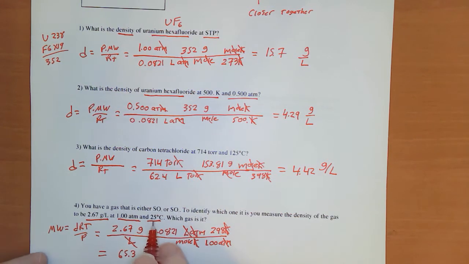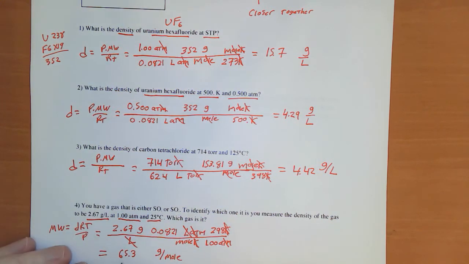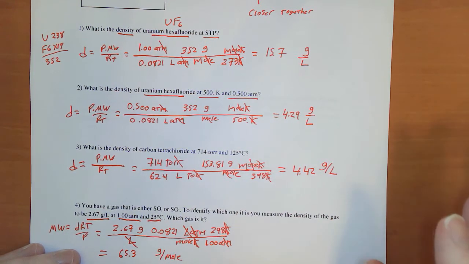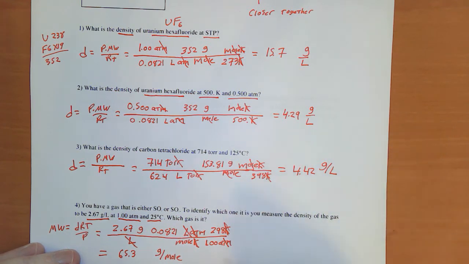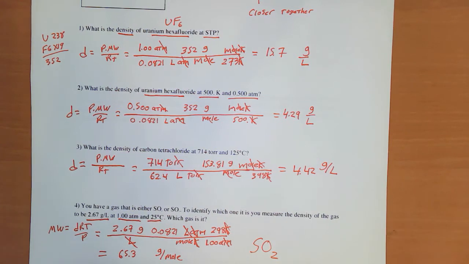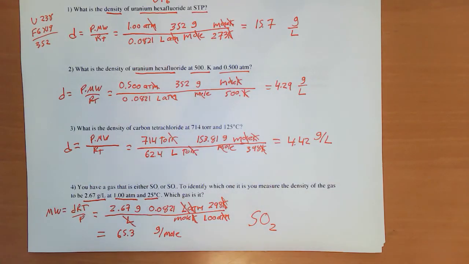Okay, and it turns out that SO2 is just about 64. Okay, 16 times 2 for the oxygen is 32. 32 for the sulfur, so that's about 64. This is pretty close. Add up that one, and I'm way above 64. Okay, I'm up about 80. So this gas would be SO2. Okay, there we go. All right, that's good. That's page 10 of this outline.